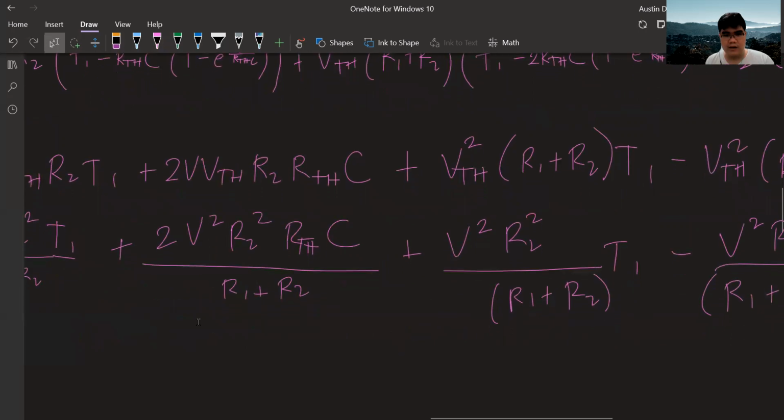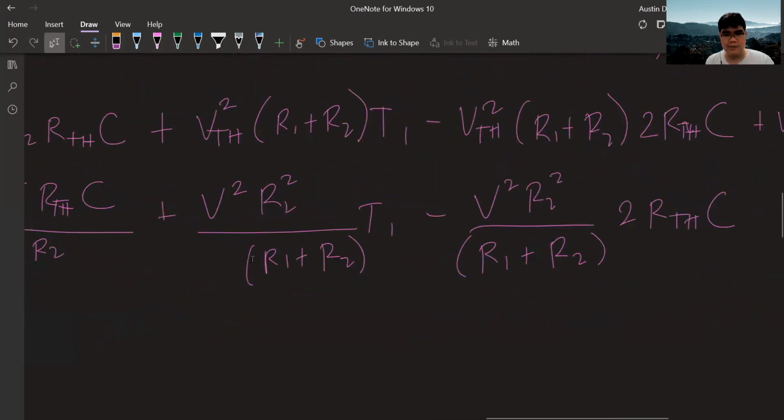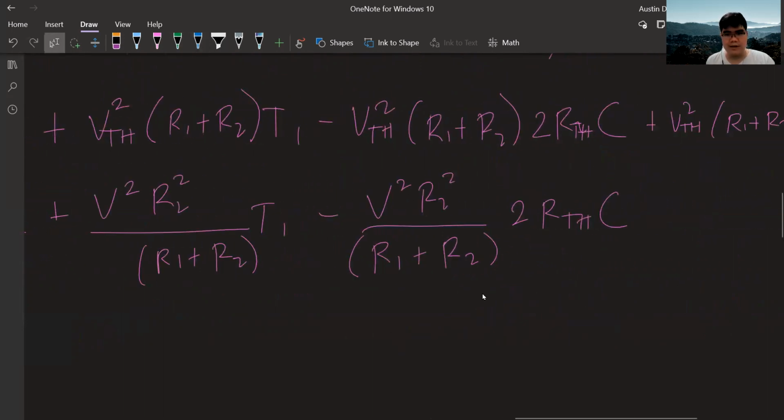And then, dito yun. Mukhang maka-cancel out na 'to, no? Maka-cancel out niya. So, lagyan na natin ng cancel out. So, 2 V squared cancels out with that. Cancels out with this.